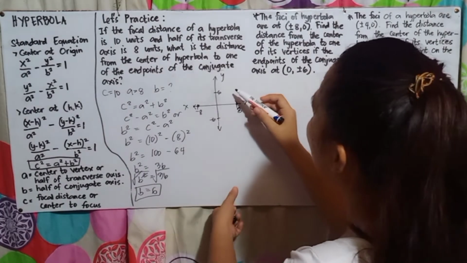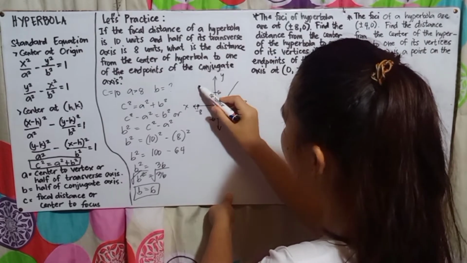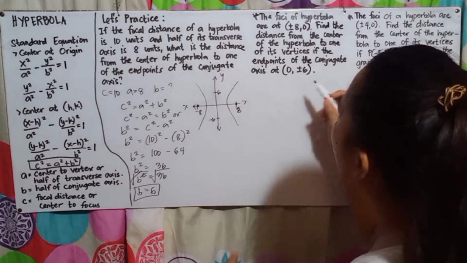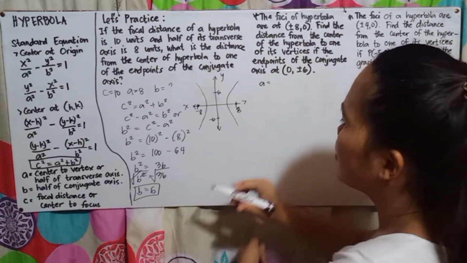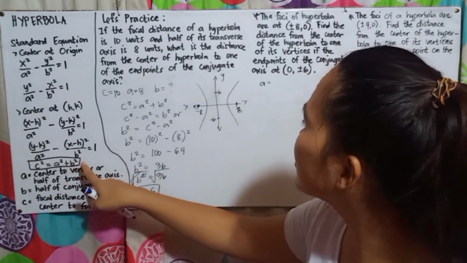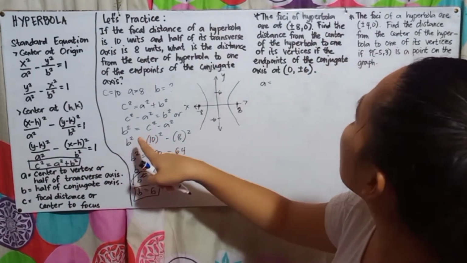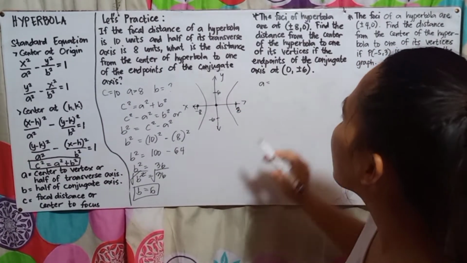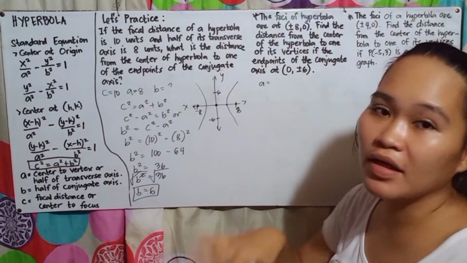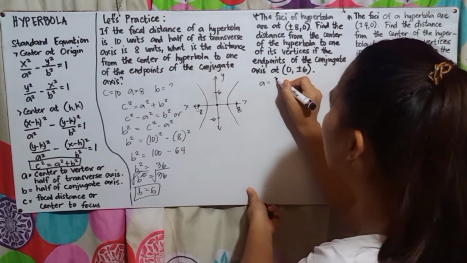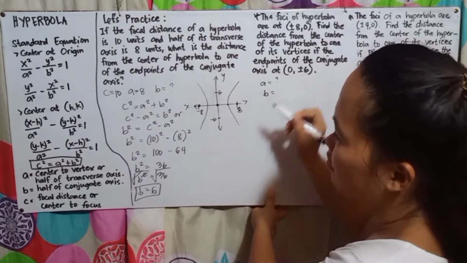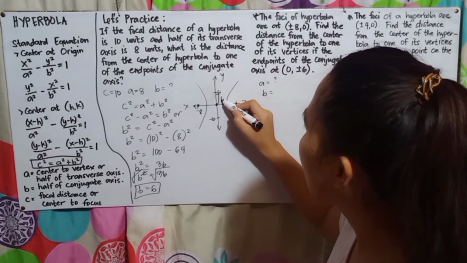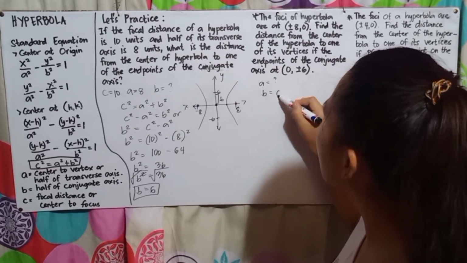So, possible ang ating hyperbola paana. Ayan. So, our A, since ang A is center to vertex, wala man na-identify kung unsa ang vertex, so therefore unknown ang A. Ang B is half of the conjugate axis, so B is 6.